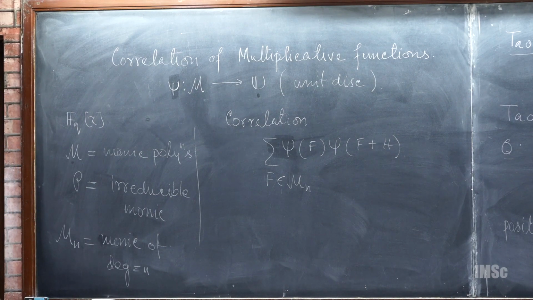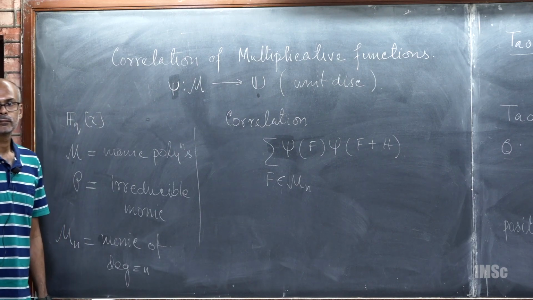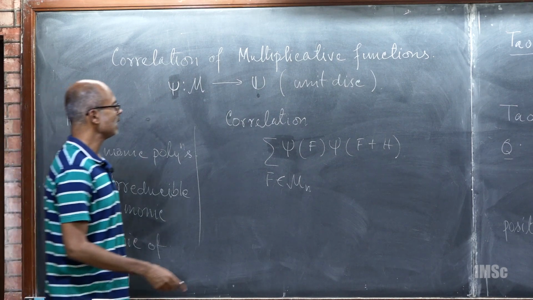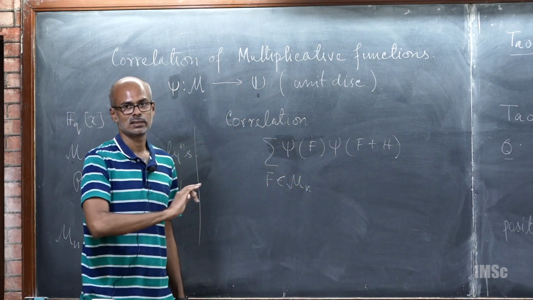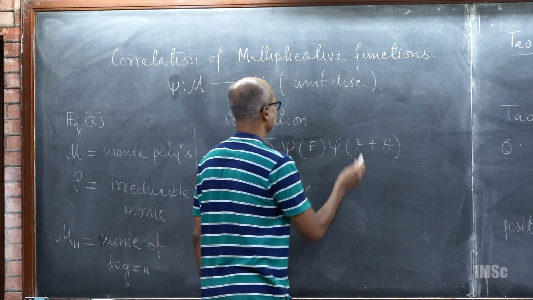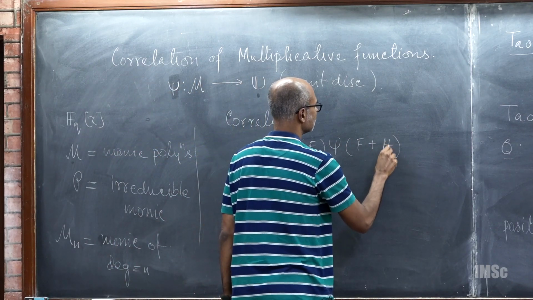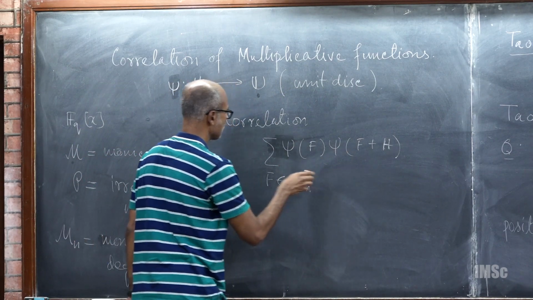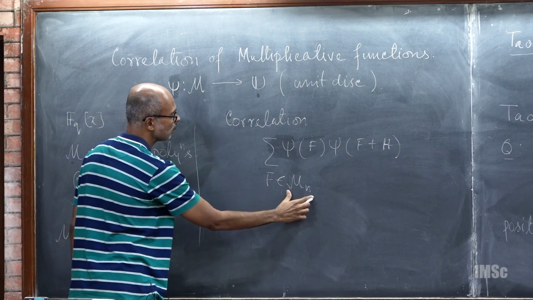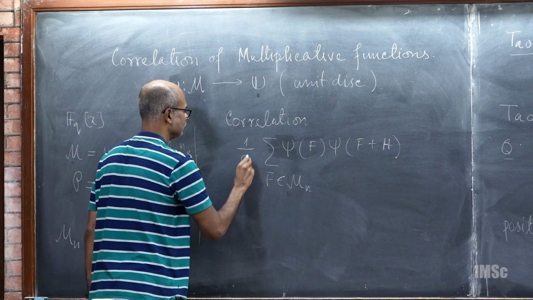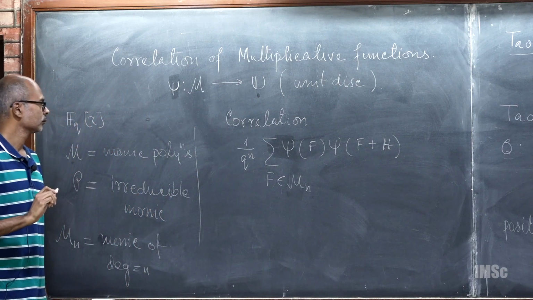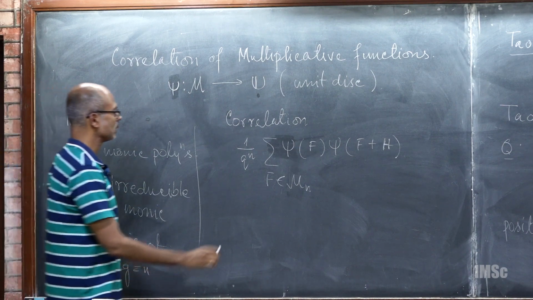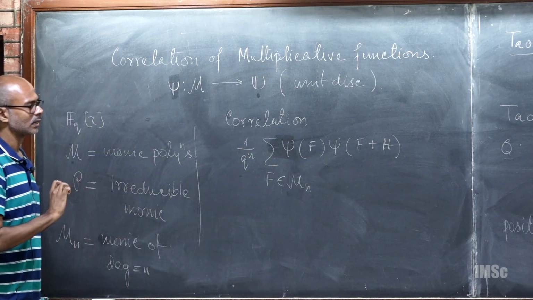Here h I would generally take to be of smaller degree. And then I have to divide by the number of monic polynomials with F_q coefficients, which is q to the n. So that will be the correct analog.